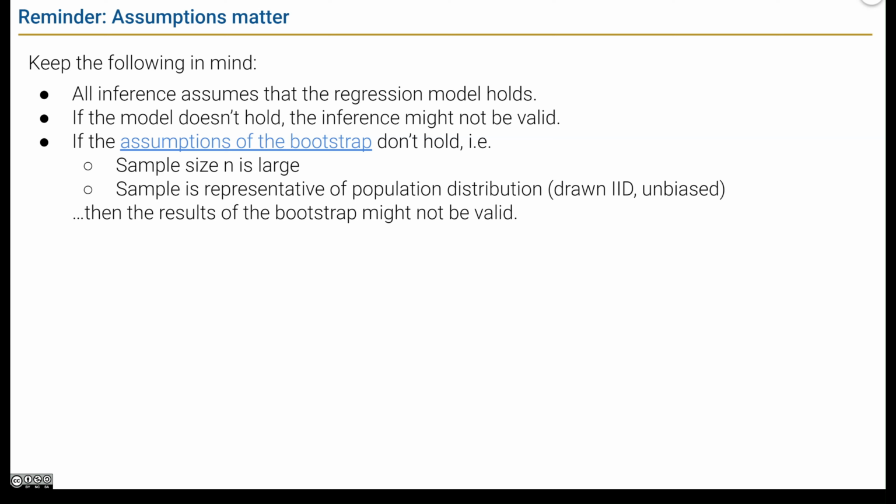So that it assumes there is actually a linear relationship, or that the output can be predicted by some combination of your features, and those features uniquely determine y, up to some noise. Also, if the assumptions of the bootstrap don't hold, then the results of the bootstrap might not be valid. So just a lot of caveats when you are trying to use your model to make inferential claims.